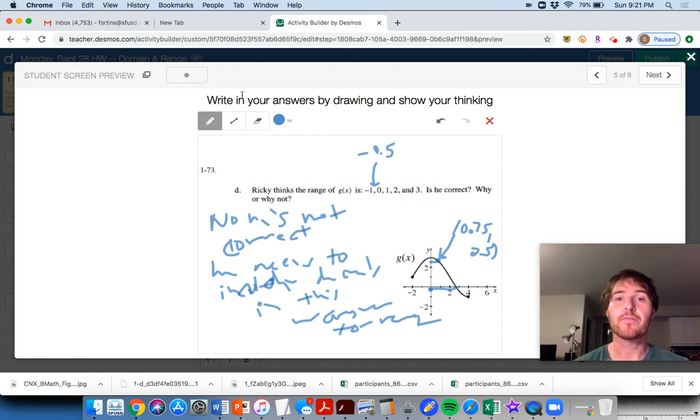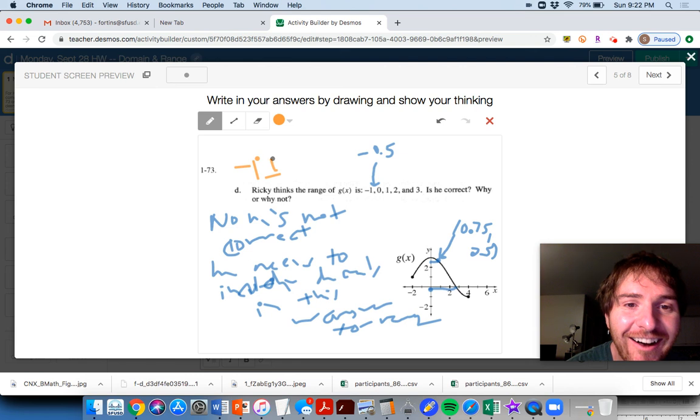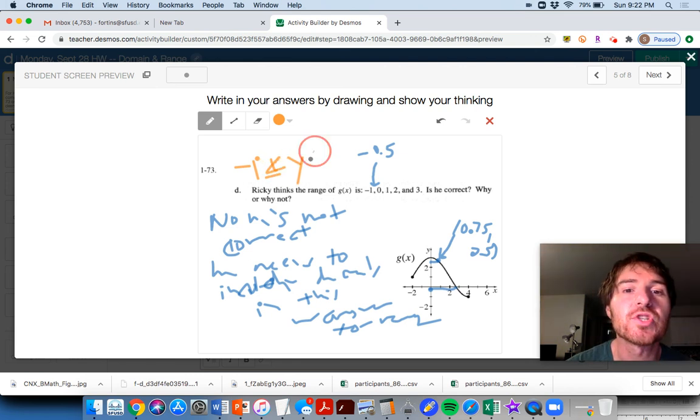And so that's why for range, I wrote it this way, okay? I wrote -1 is less than or equal to y, which is less than or equal to 3.